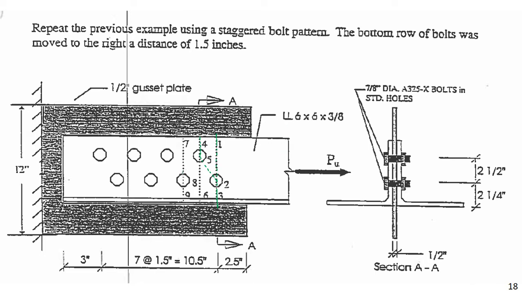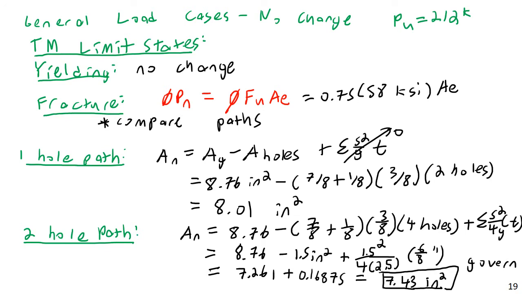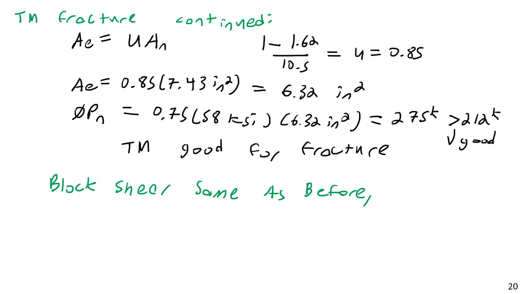Because that s squared over 4g is purely for your fracture state, we can't use that diagonal here. So we would still subtract this bolt here, but we would just end up subtracting 2 bolt holes, considering a length like this. We can't take into account the little bit extra capacity we get for the diagonal, because the s squared over 4g rule does help you out, but it's only for the case of fracture.